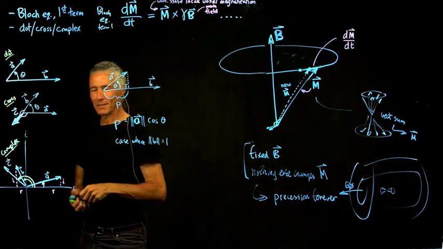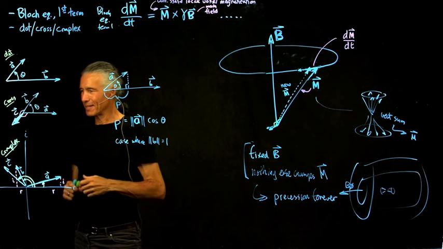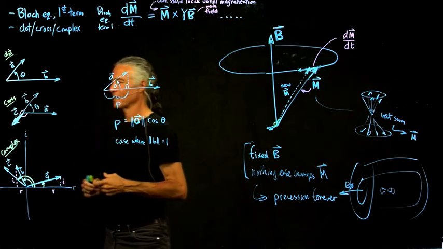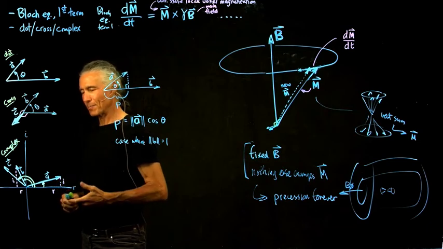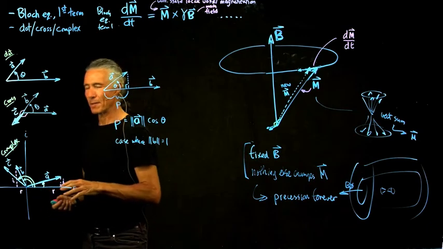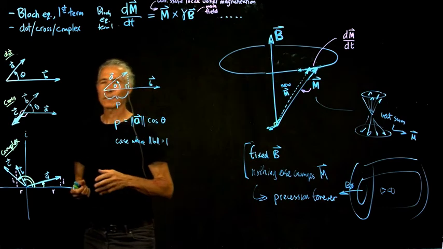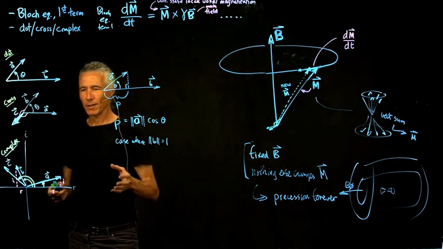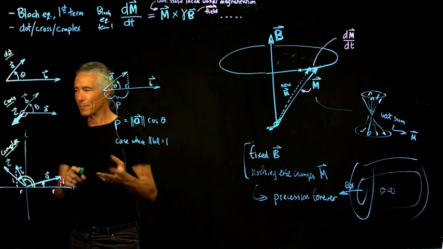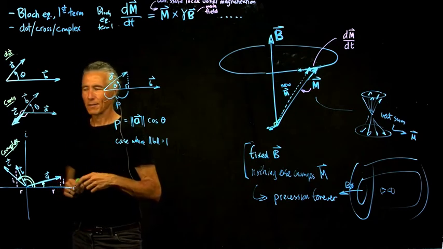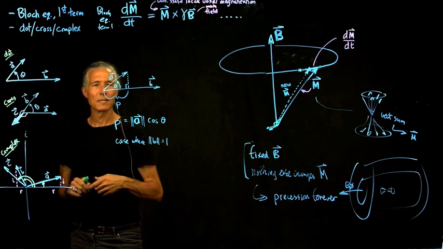Okay, so any questions about this? So what we did was dot product, cross product, complex multiply. We didn't use complex multiply because that's going to be basically for the Fourier transform. But it's good to put it in here so you can see how it's kind of related but different than the dot product and the cross product.